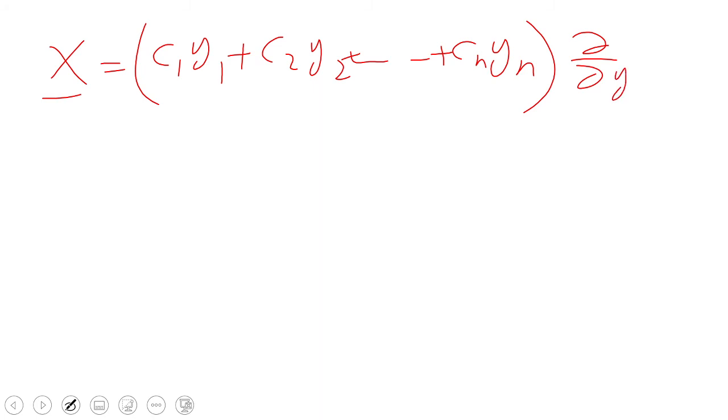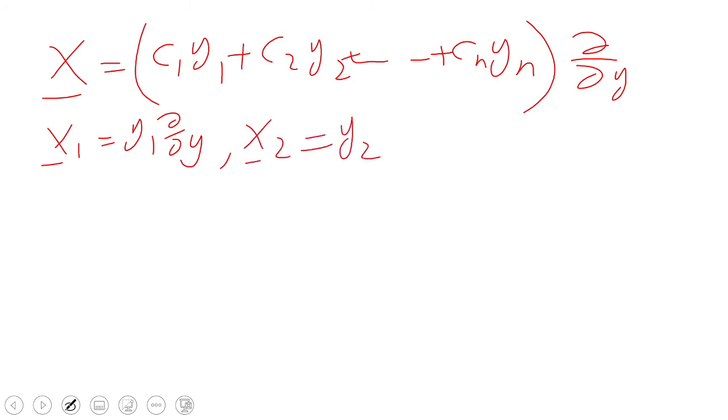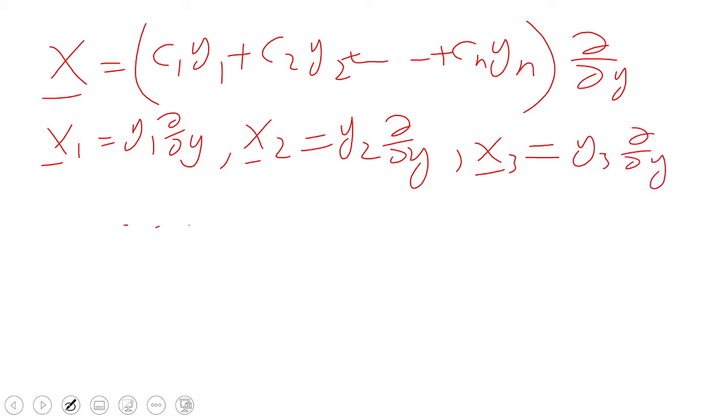So in the generator, X1 is y1 partial by partial y, X2 is y2 partial by partial y, X3 is y3 partial by partial y, and so on. Xn is yn partial by partial y. So we have the algebra for the homogeneous equation.